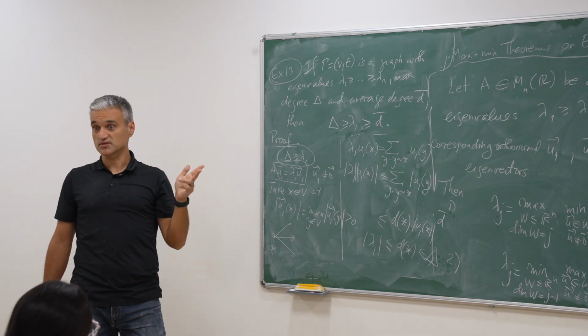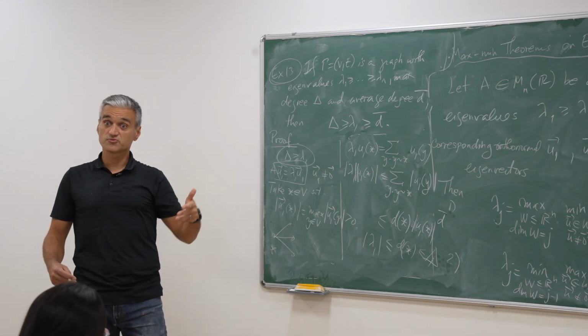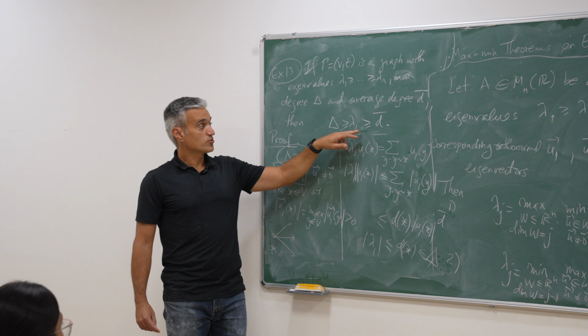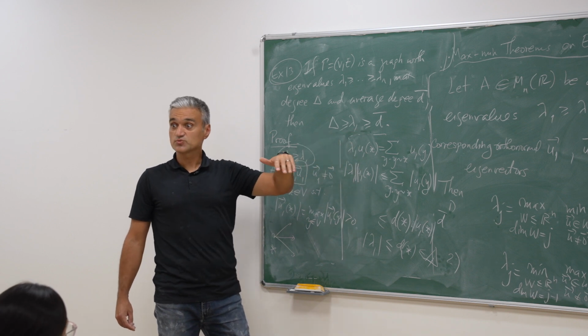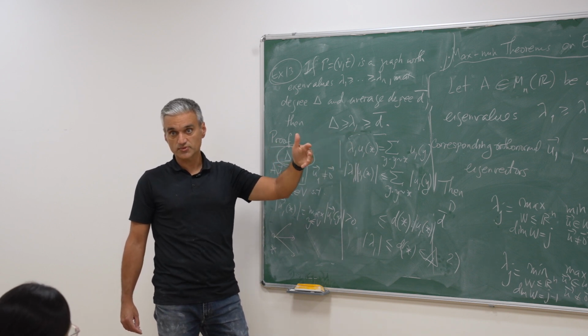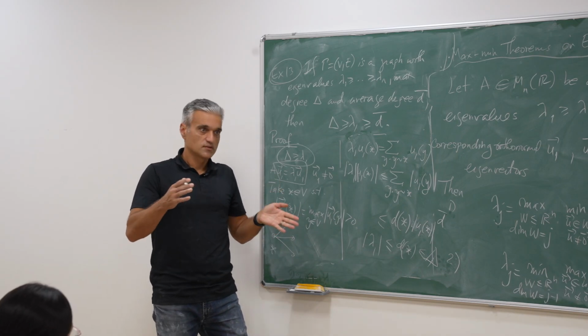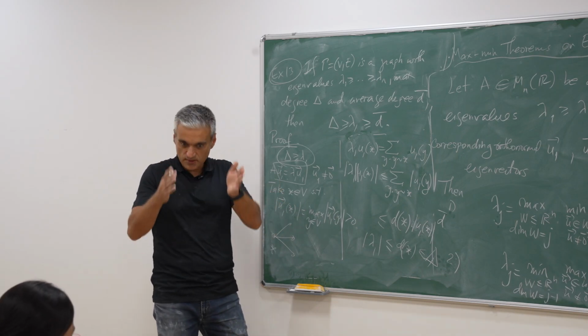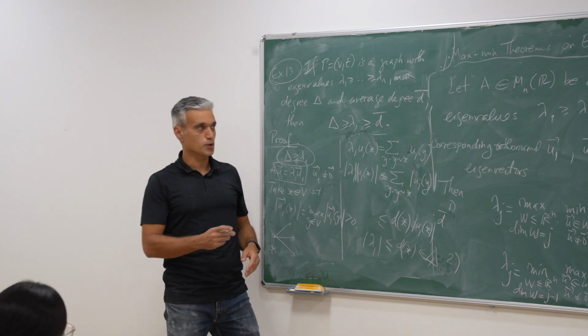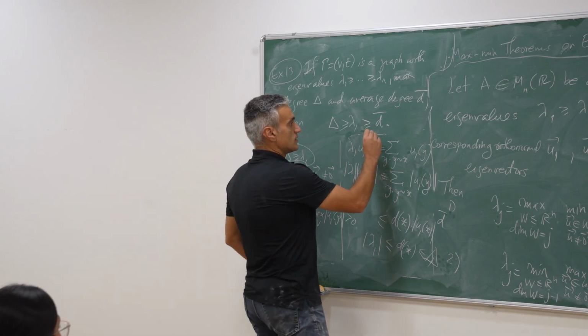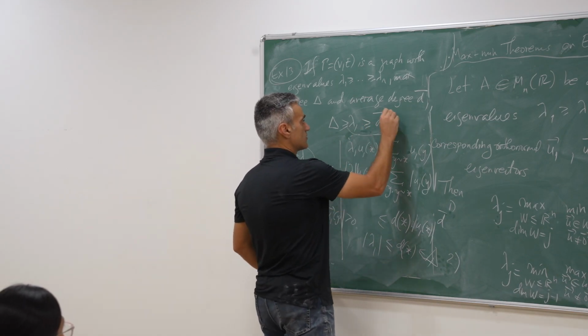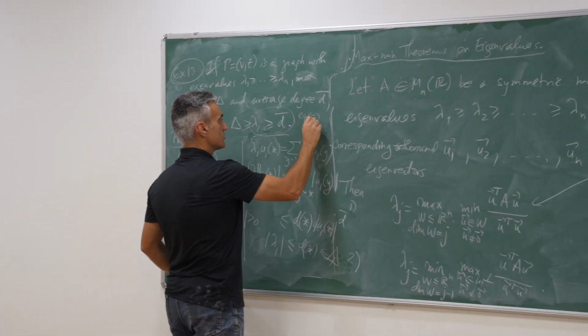What does it mean about that vector? It must be an eigenvector. So in that case, for this inequality, the all 1 vector has to be an eigenvector for lambda 1. And when you write down what it means, A times the all 1 vector equals lambda 1 times the all 1 vector, it means the graph is regular, okay? So here, equality if and only if regular.